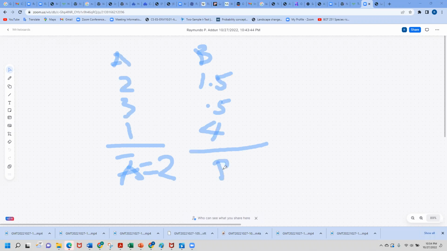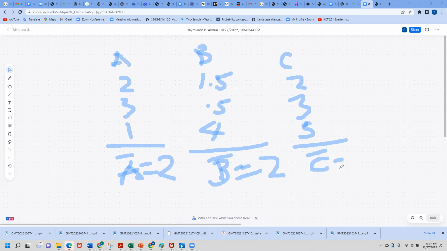So the mean of B, which is 2, 4, 6, is also 2, because 6 divided by 3 is 2. But C is, I don't know, 2, 3, then 5, 5. And the mean of C would be 5.